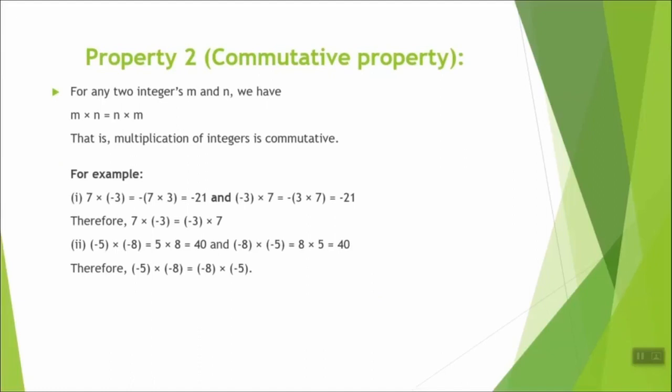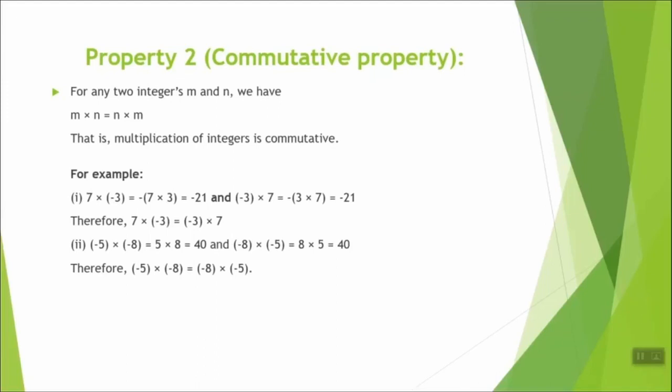See the example: 7 and minus 3. First, I multiply 7 with minus 3. The product is minus 21. And then I found the product of minus 3 with 7. I changed the order, but the product remains the same.